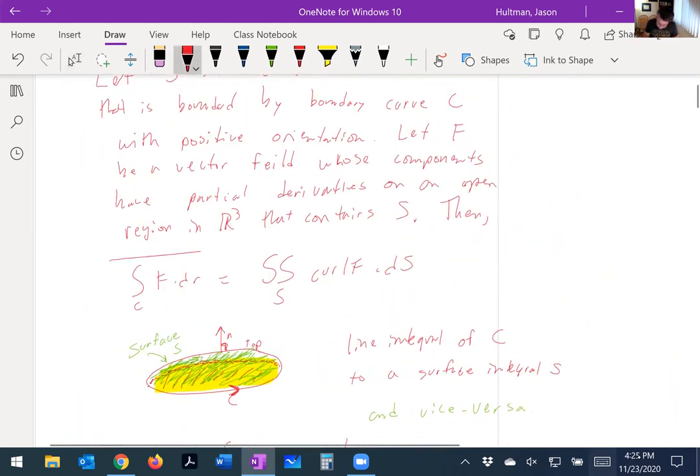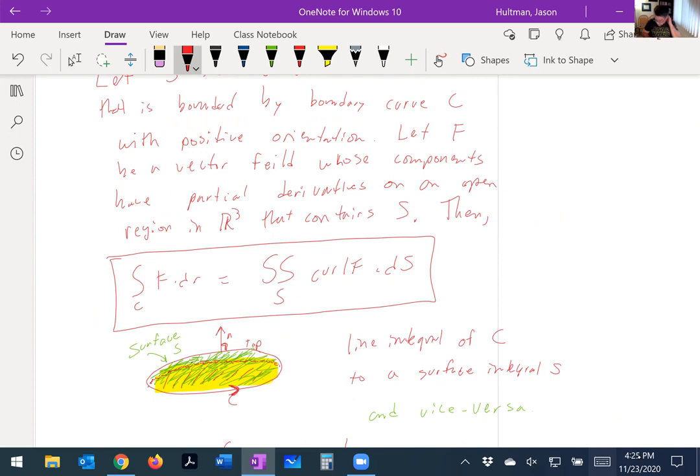And that goes back here. So instead of dealing with the function, we're dealing with the curl of the function. Those values.